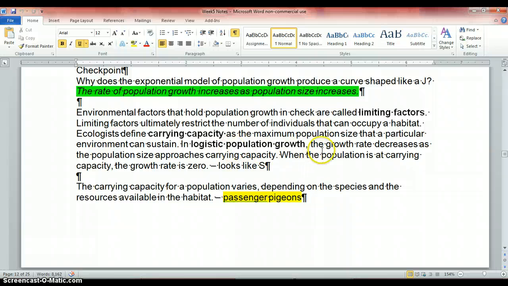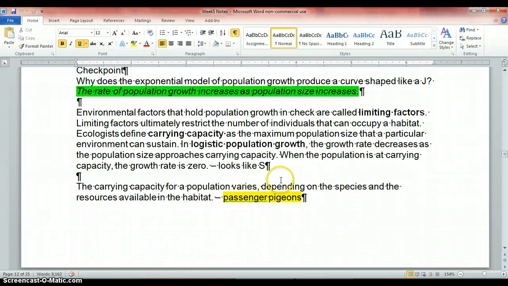Logistic population growth is when the growth rate decreases as the population size approaches the carrying capacity. So once you get close to the maximum amount, it's just a slow little increase. When the population is at carrying capacity, the growth rate is 0 and it looks like an S because it tops off at the top. Carrying capacity for populations varies depending on species and resources available in the habitat and just how often they reproduce.